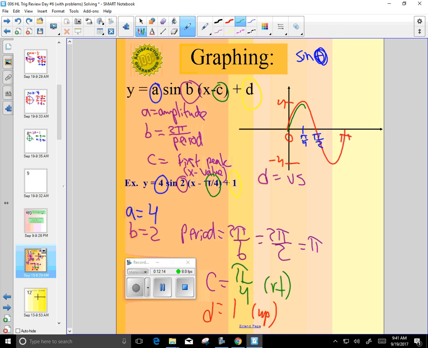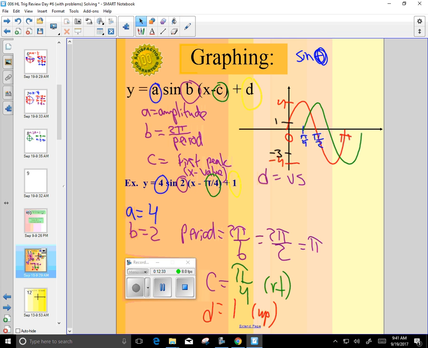So I'm going to take this green, and I'm going to shift it to the right, pi over 4. And I have one more thing to do, and what's that? Move it up 1, yep.